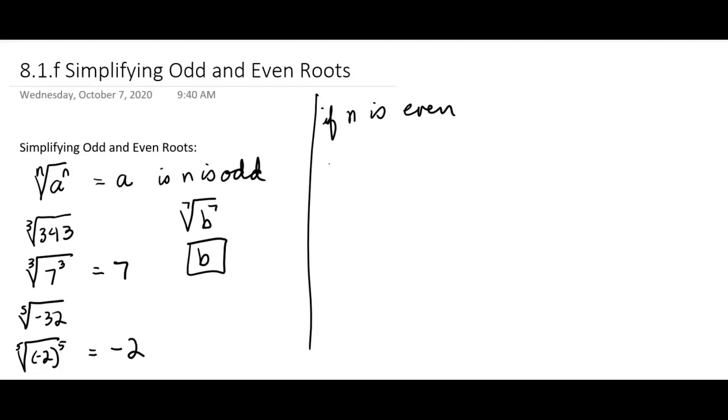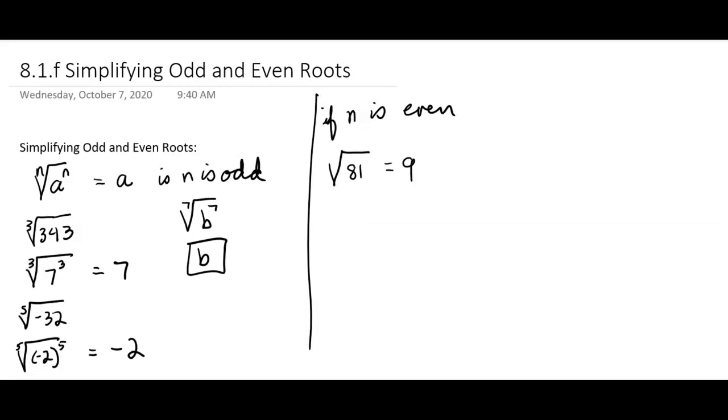Usually with square roots we don't put an index, we just say square root of 81. Okay, well then you can say the square root of 81 is 9. That is true. That equals 9.